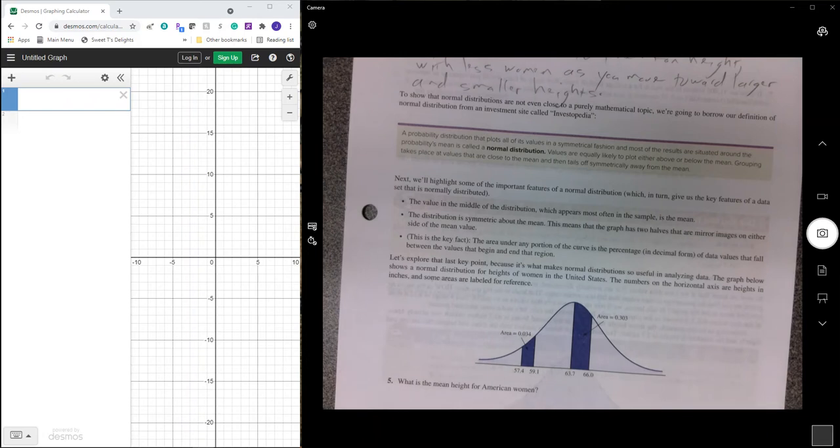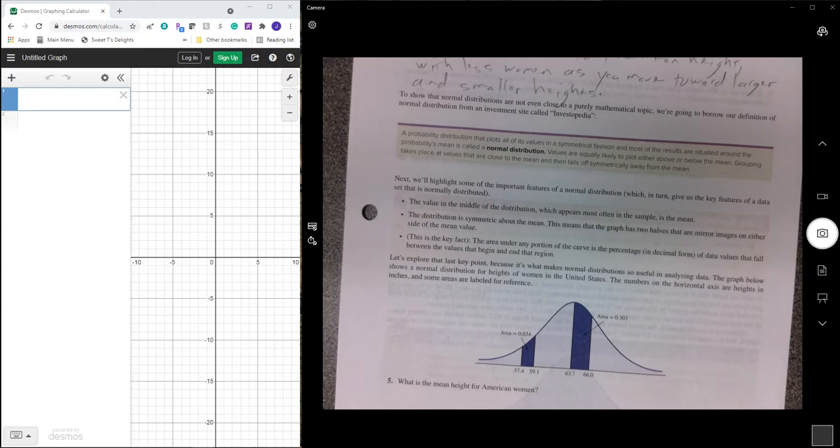This means that the graph has two halves that are mirror images on either side of the mean value. This is the key fact. The area under any portion of the curve is a percentage in decimal form of data values that fall between the values that begin and end that region. Let's explore that last key point because it's what makes normal distribution so useful in analyzing data.